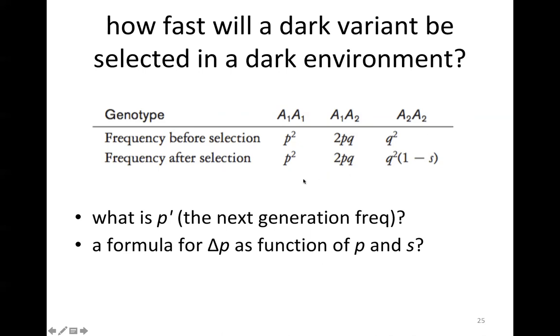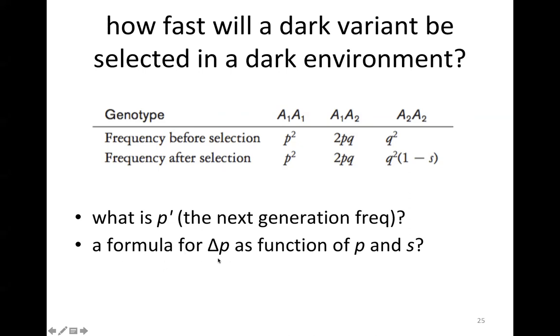Okay, and now these individuals whose frequency has been altered by selection will be creating the next generation. And therefore P prime, the next generation allele frequency of A1, will be somewhat different from P of the previous generation.